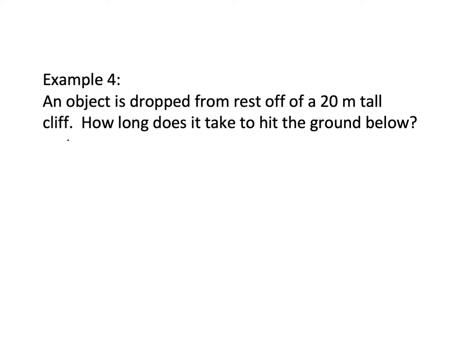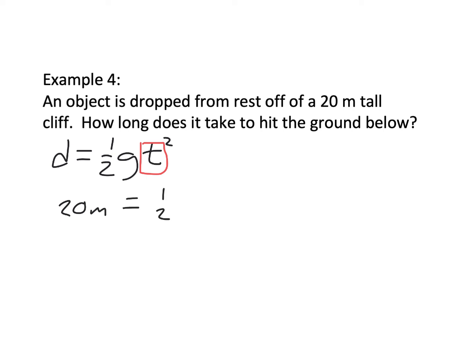We can say that d is equal to 1/2 gt squared, and what we're trying to find is this value t. Now I'm going to go ahead and plug in the numbers. I've got 20 meters is equal to 1/2 times 10 meters per second squared times t squared.